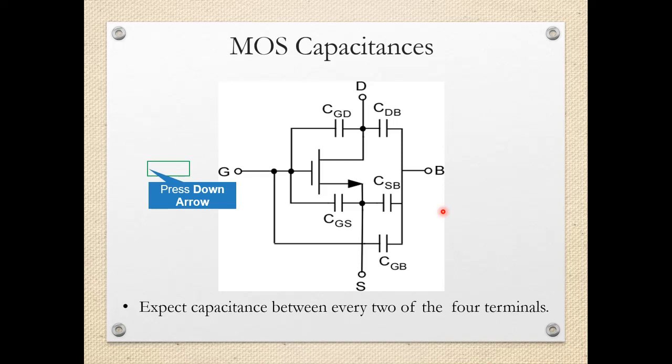Between source and body we have the capacitance CSB, and between gate and body also we have one capacitance, that is CGB. Then similarly between drain and body we have CDB. So likewise there are different MOS capacitances. Between any two leads we can see there is a formation of one capacitor.